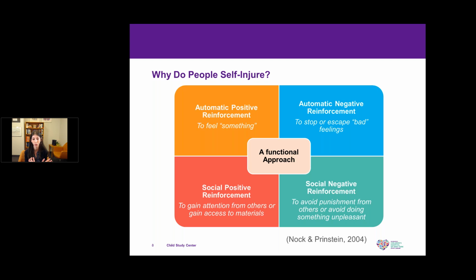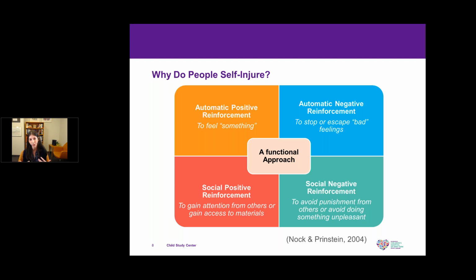So automatic positive reinforcement in that first box means that self-injury in this case is done to feel something. In essence, the person self-injures, achieves some desired physiological response from their body, and that makes the behavior more likely to occur again. Automatic negative reinforcement, the most common function they find for self-injury, is used to stop or escape bad feelings.